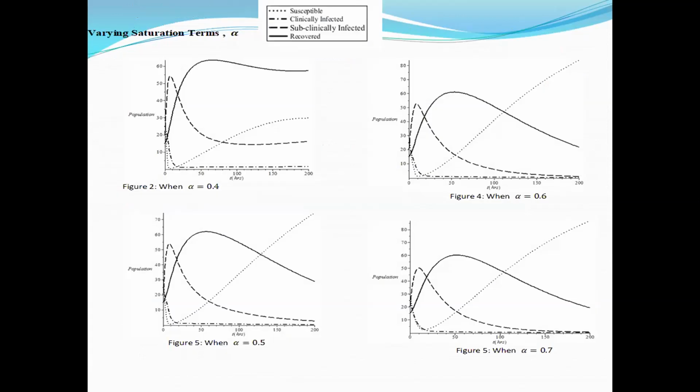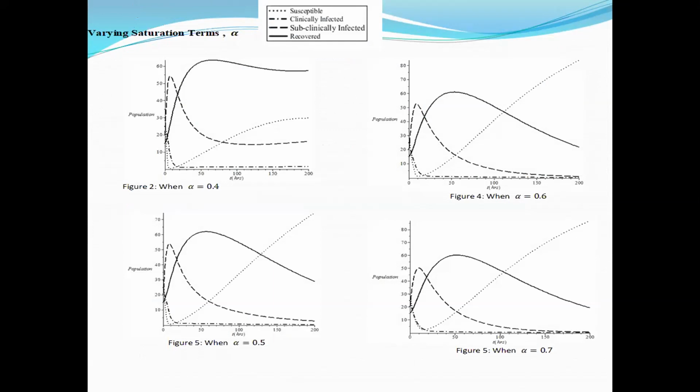Then from 0.4, we can see our susceptible is the dotted line. Then the clinically infected individual is the broken line, then the subclinically infected and the recovered class.